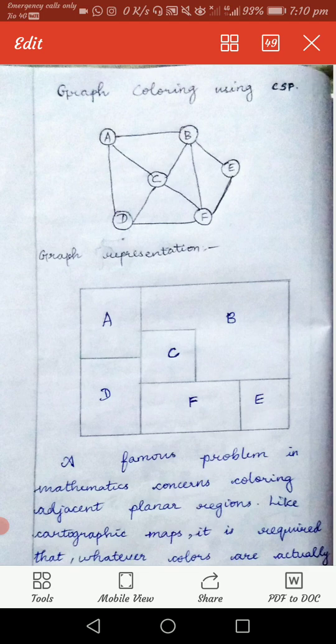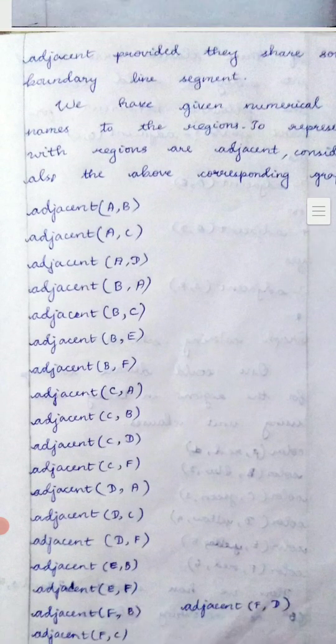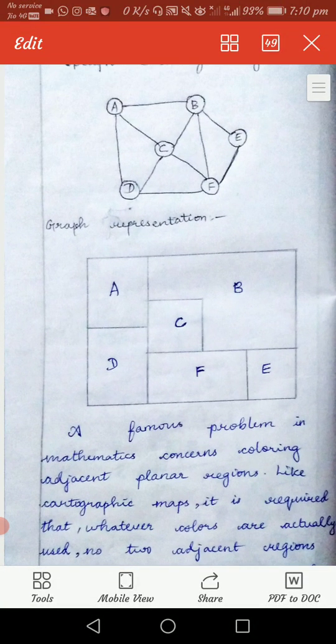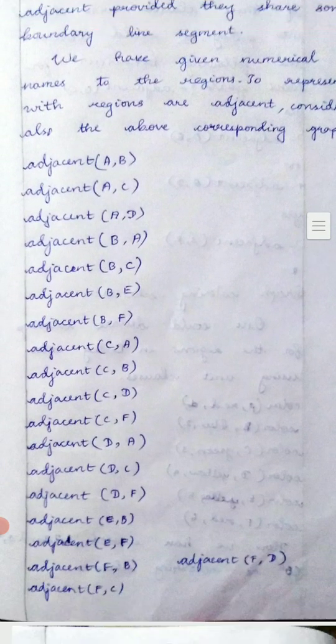Here the adjacent of A is B, and also C and also D. So we write adjacent of A comma B, adjacent of A comma C, adjacent of A comma D, and the adjacent of B is A, C, E and F. So we write adjacent of B comma A, adjacent of B comma C, adjacent of B comma E, and adjacent of B comma F.